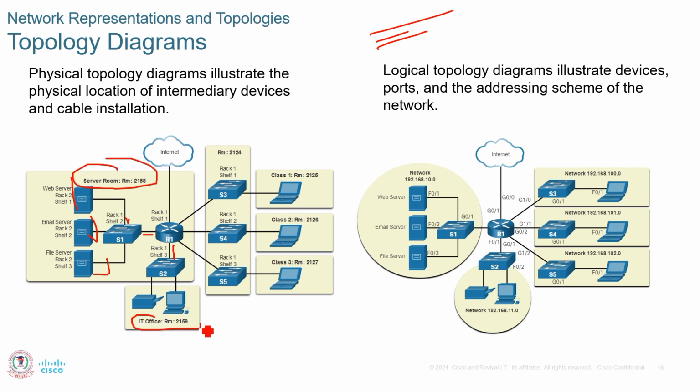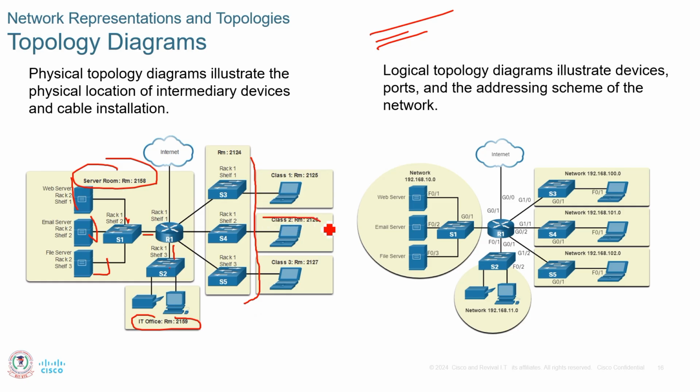You see, now this is the physical topology diagram to illustrate the architecture of this company. Then you have now the room number with their different switches, and I believe they are running in different VLANs.